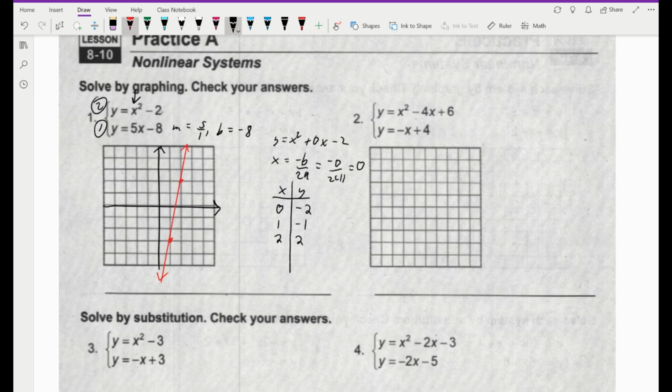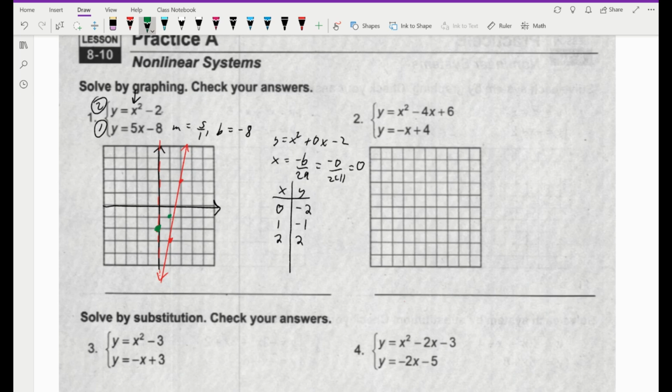So we know, let me graph the axis of symmetry, which is x equals 0, which is along the y-axis. The vertex is at 0, negative 2. Maybe I should switch colors here so it's easier to see. The next point is 1, negative 1, which still hasn't touched the line yet.